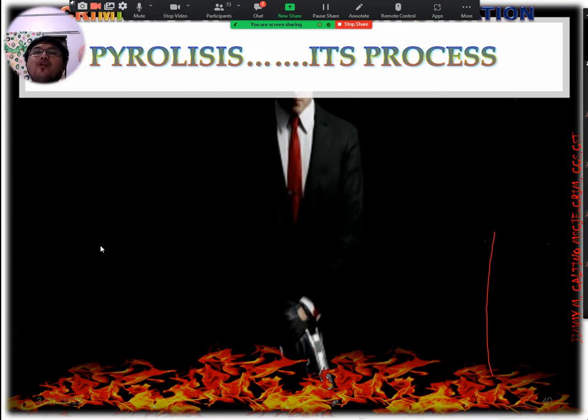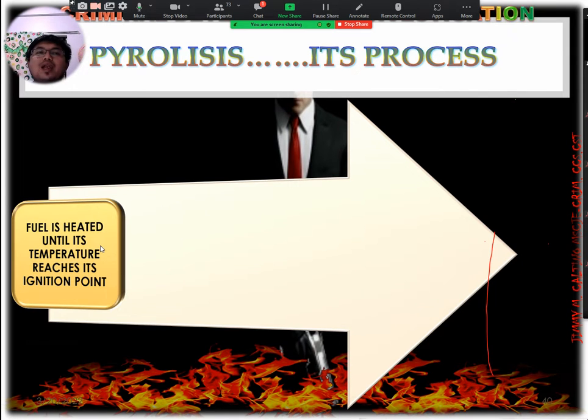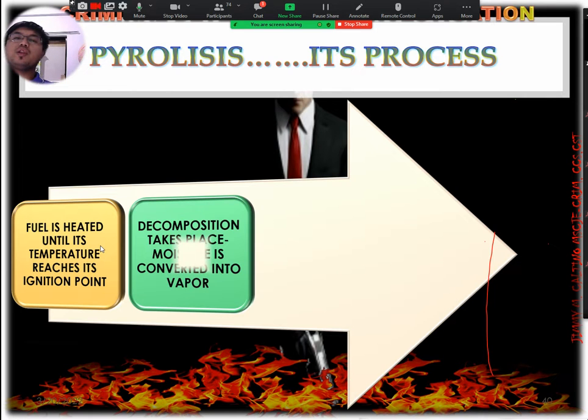Next. So, paano nga ulit ang pyrolysis? Sabi natin kanina, pyrolysis first starts from fuel is heated until the temperature reaches its ignition point. So, fuel, kahit anong bagay, combustible matter, sabi nga natin kanina, na gusto mong sunugin. Paiinitan mo siya ng paiinitan hanggang maabot niya yung ignition point niya. Now, there will be decomposition.